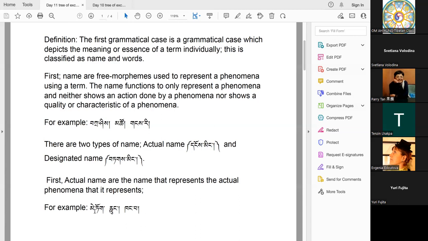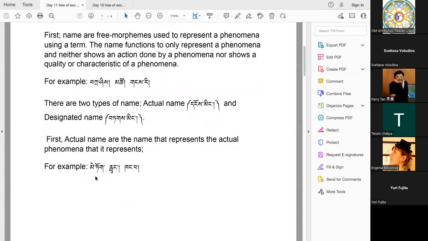These are the names that we give to phenomena, and the very name that we use represents the very phenomena, which we will see is not the case in the designated name. So what do we mean by this? For example, metok actually represents flower.